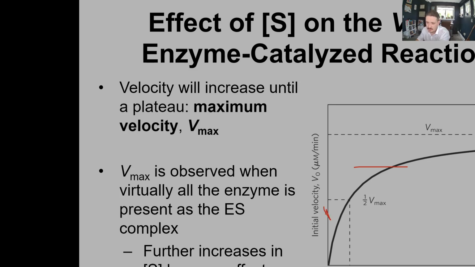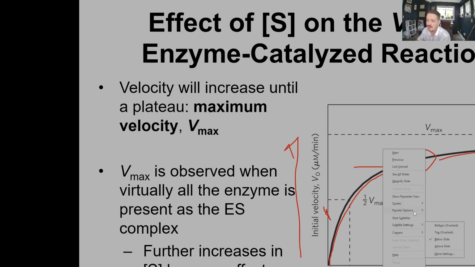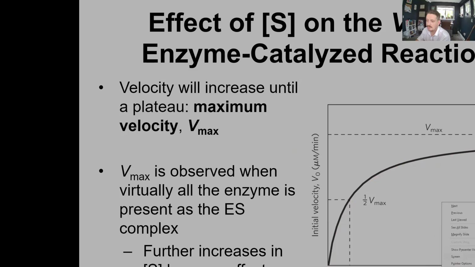As substrate concentration increases, so does initial velocity. You can see here, until adding more substrate stops making it go faster. I dislike this graph because really this graph should look more like this, and I feel it gets a little bit confusing by not doing that.